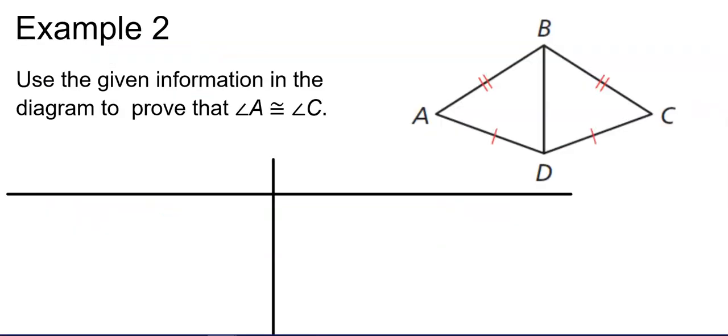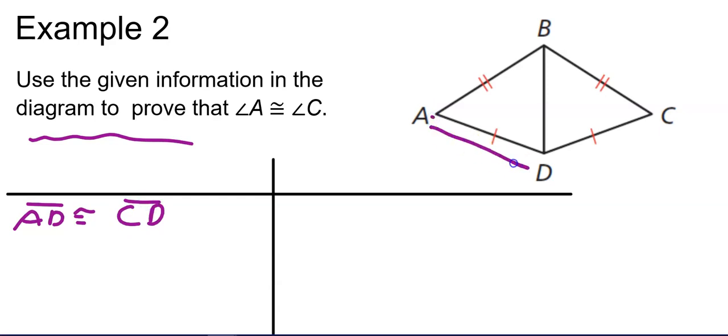All right. So it says use the given information in the diagram to prove that A and C are congruent. All right. So notice we don't have any given statements here, but we do have things marked. So we can say that AD is congruent to CD. And remember, order matters. If we're starting from the outside here going towards D, we want to say CD, not DC. All right.